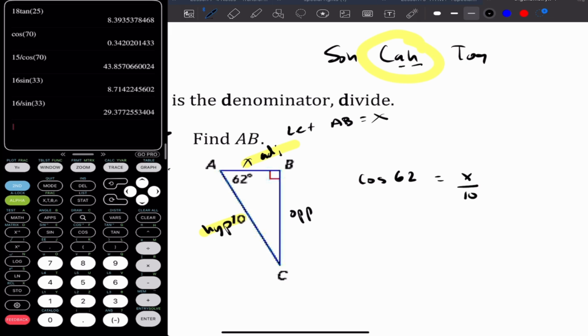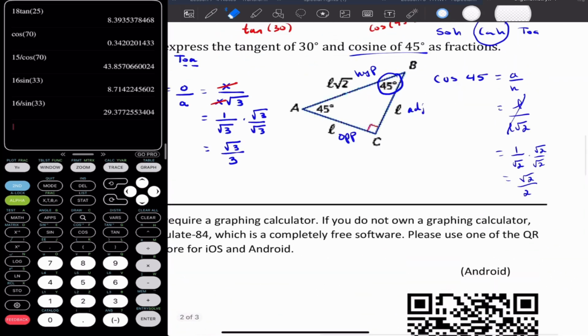And since I don't have a variable in the denominator, I cannot swap the position of the trig function and the number in the denominator. So I have to multiply both sides by 10, just like that example we did before.